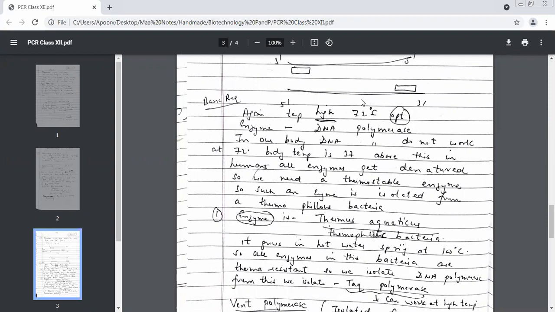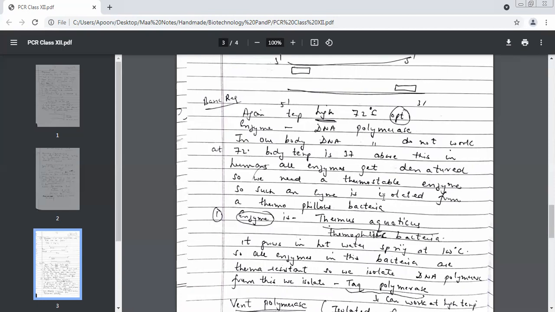This enzyme works at 72 degrees, but the human body will never go to 72 degrees Celsius because the optimum temperature of the human body is only 37 degrees Celsius. As soon as the temperature goes beyond 37, all the enzymes stop functioning in the human body, they get denatured. So we need a thermostable enzyme.